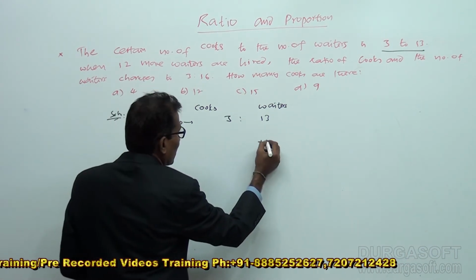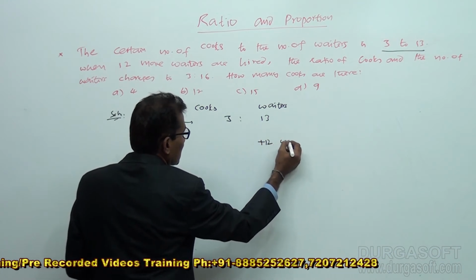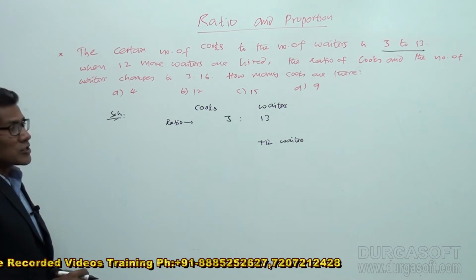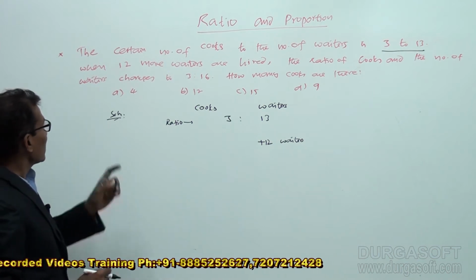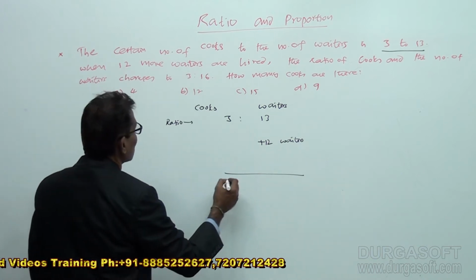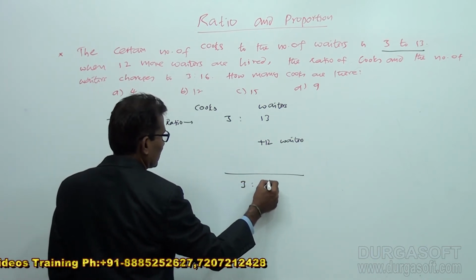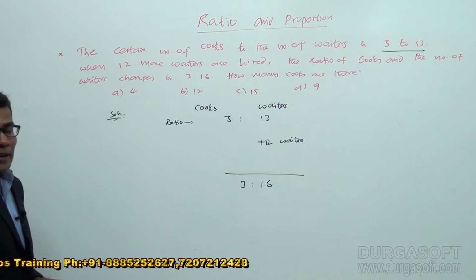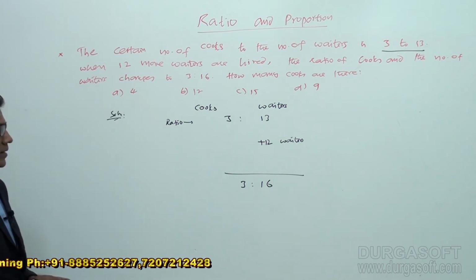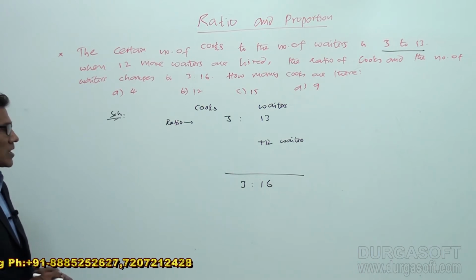If 12 waiters are hired, the ratio of the cooks and waiters is going to change. After this, the ratio is becoming 3:16. And the question is, how many cooks are there initially? We don't know initially how many cooks are there.